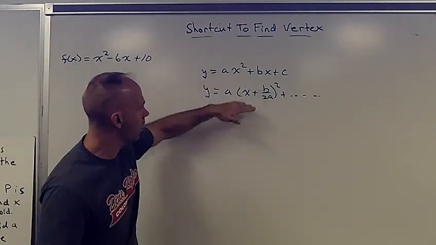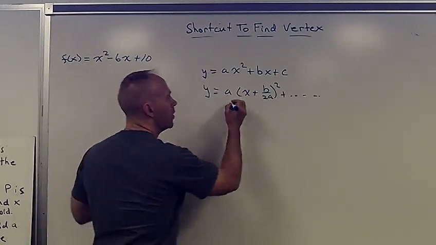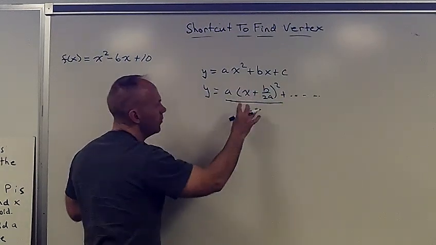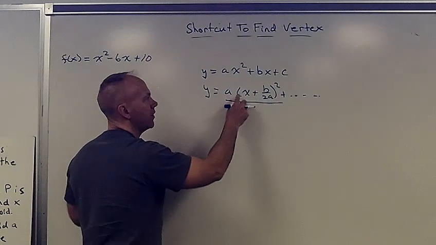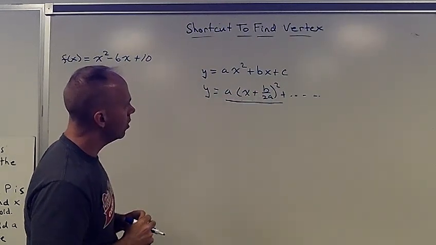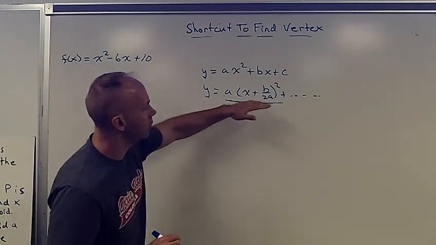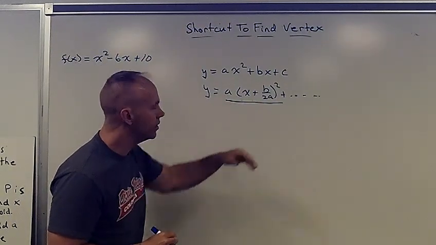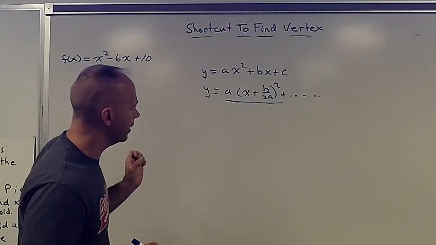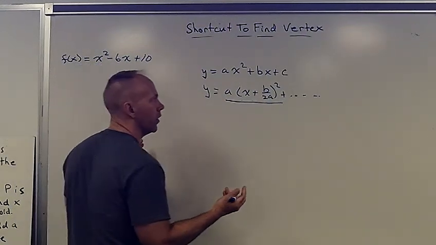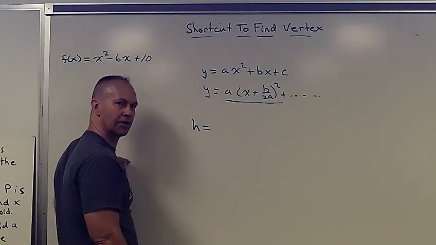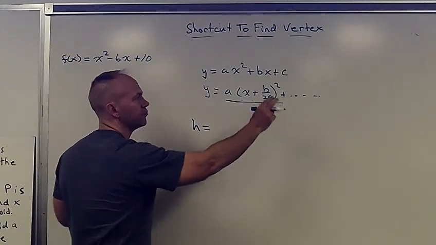When we completed the square, part of what we got, the vertex form, from a general form like this, we got this right here: a times the quantity x plus b over 2a, squared. Well, if my vertex form is always going to look like this, then I can make a generalization, a formula, for h, the x-coordinate of the vertex.